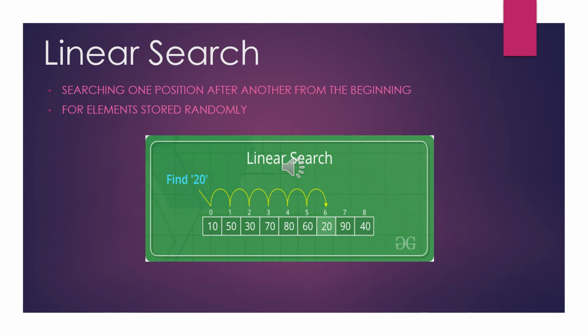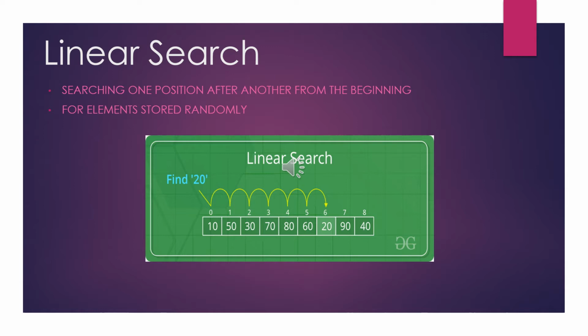Now, linear search. Linear search means searching one after another from the beginning. Suppose this is an array and it has a total of 9 values, that is indices 0 to 8. Now we are searching for the number 20. So we will start looking from index 0, the value stored there is 10.